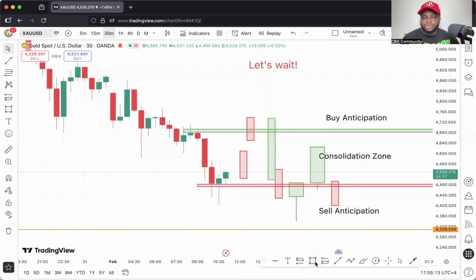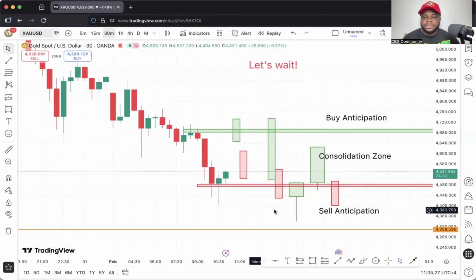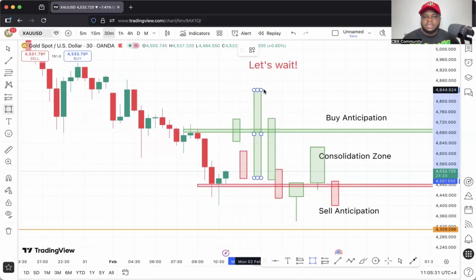But it's better for you to have formation of a bearish candle like this. Now let me use, this is a bullish candle. So it's better for you to have formation of a bullish candle like this than you having formation of a bullish candle like this. If you have formation of a bullish candle like this, then you need to ask yourself, where will you put your stop loss?